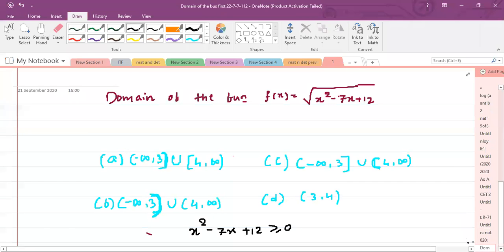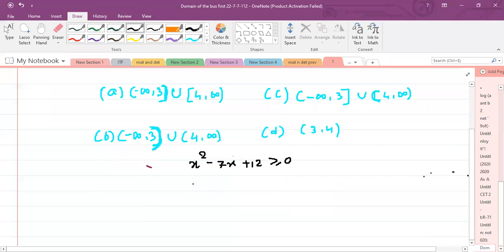So you can write this as (x minus 4) into (x minus 3) should be greater than or equal to 0.